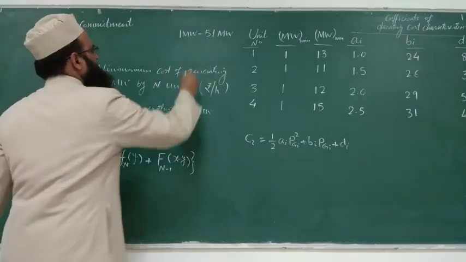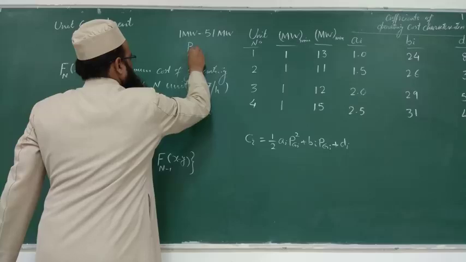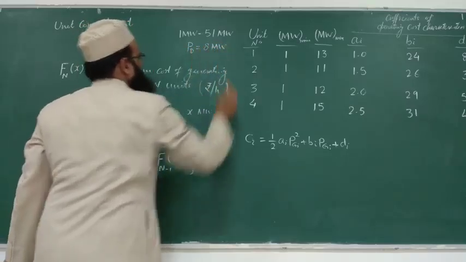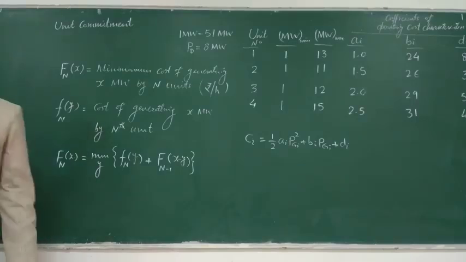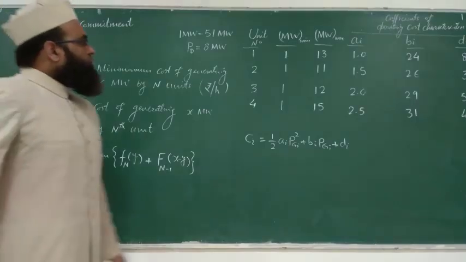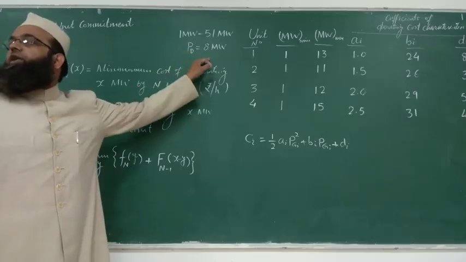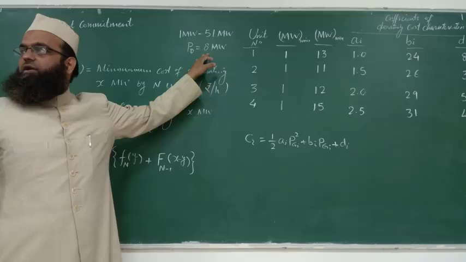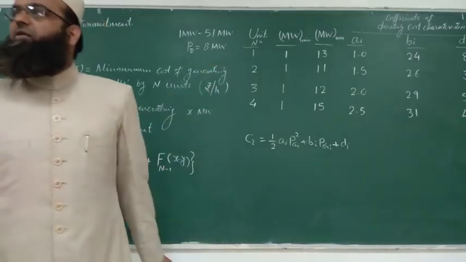So PD may vary from 1 to 51. So let us assume our PD is, at any point of time, 8 megawatt. So what is our objective? You have to generate 8 megawatt. Once you know that your demand is 8 megawatt, it means you have to generate 8 megawatt.